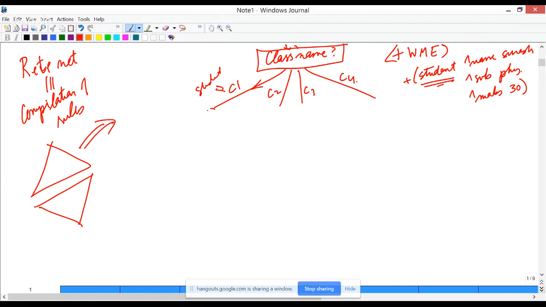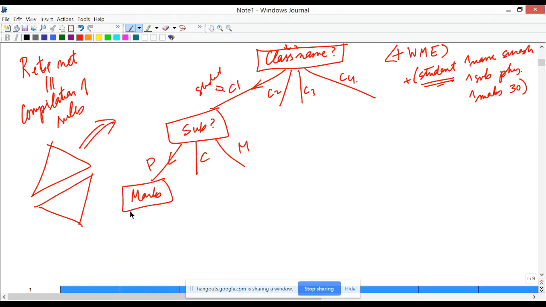So the next question it might ask is what is the subject? So you may have physics, you may have chemistry, you may have maths. So this particular token will come down to this physics path, and then you might ask marks. So marks might be in ranges.